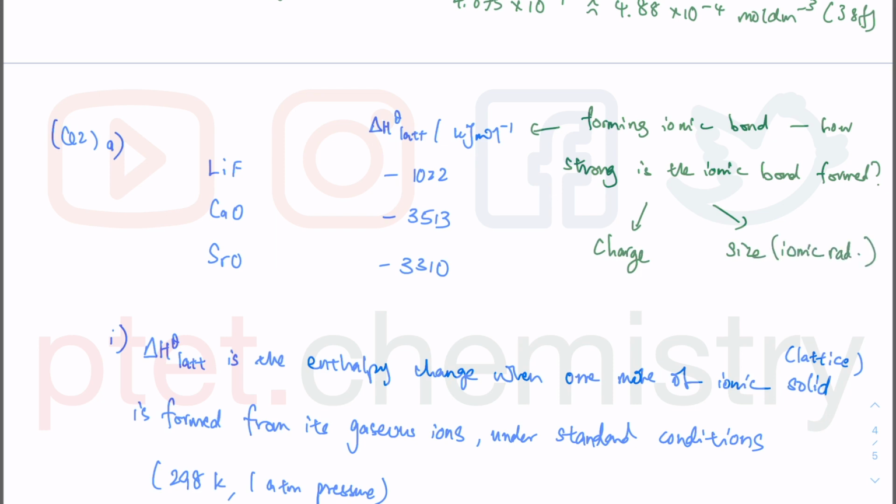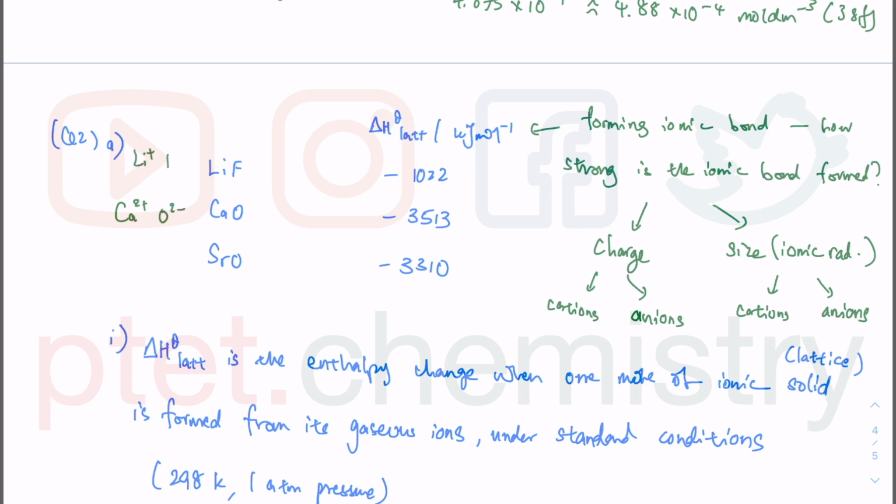Each of these affects cations as well as anions, because you have the ionic radius of cations and the ionic radius of anions. Essentially, charge and size are expressed in terms of charge density, because charge over volume is charge density. So we can think about calcium oxide consisting of calcium 2 plus and O2 minus.